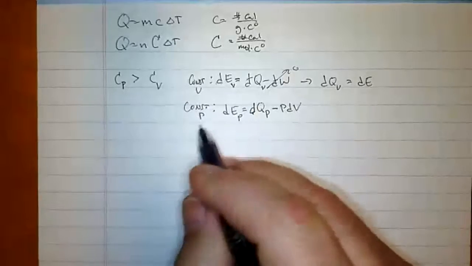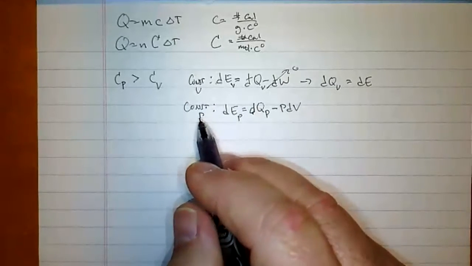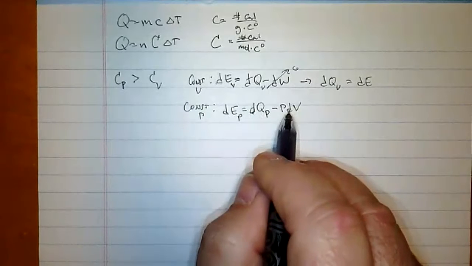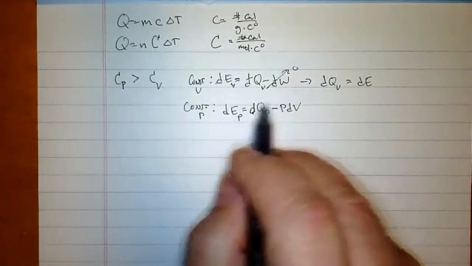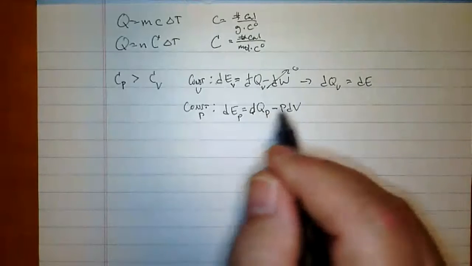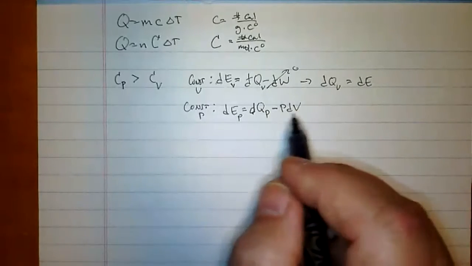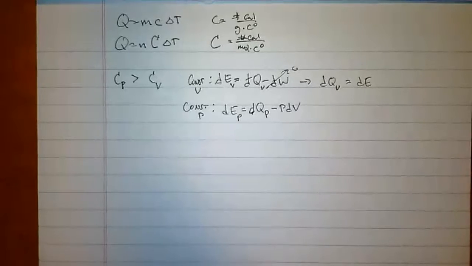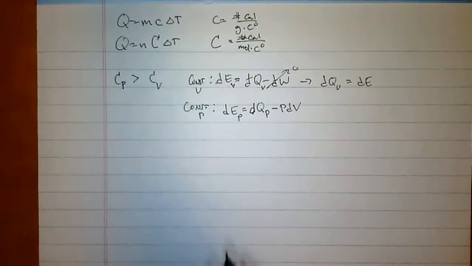So you see, when I have the constant pressure, some of the energy that you add can go into work being done. So not all of it goes to just the thing that raises the temperature. It also goes into work being done. So it's almost like it's a deeper reservoir. That's why you expect CP to be larger than CV.